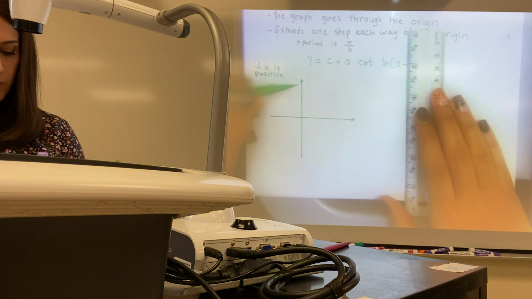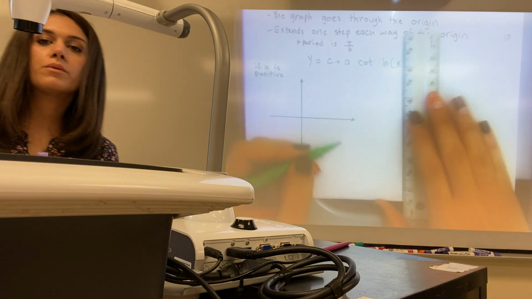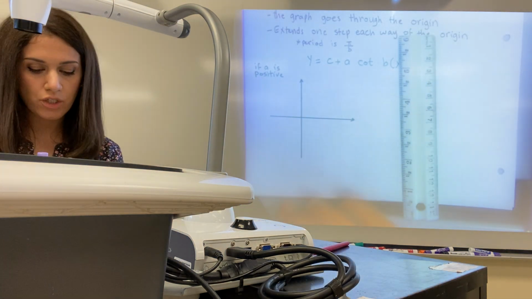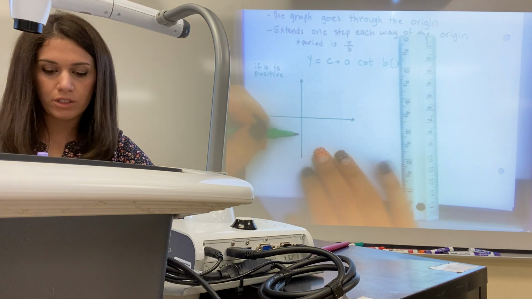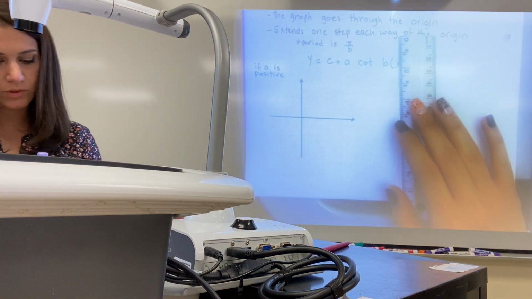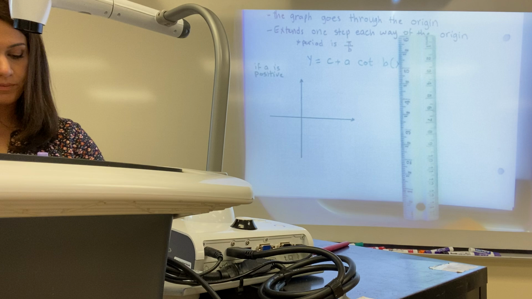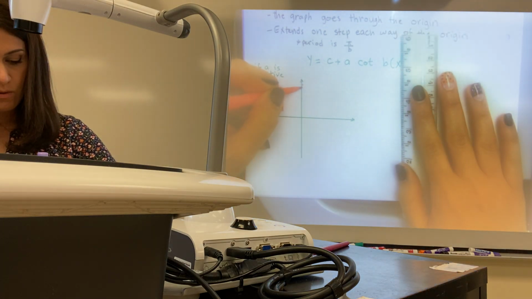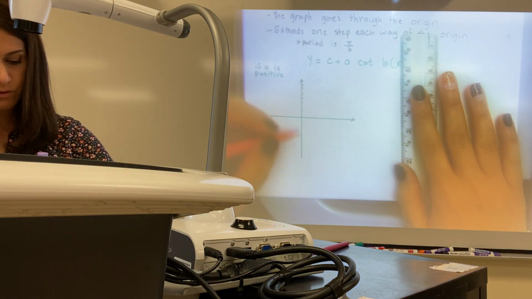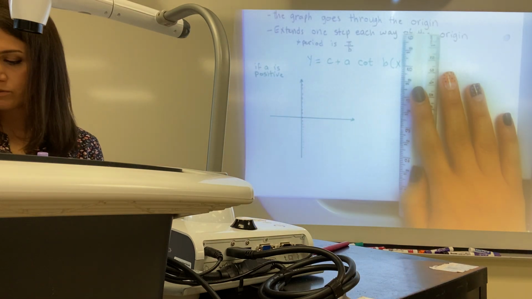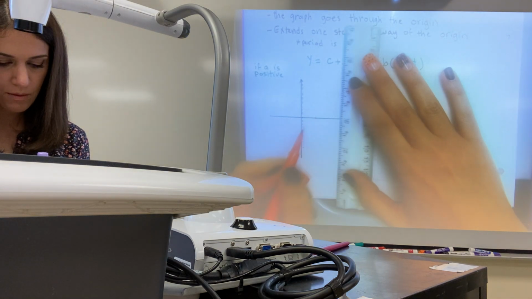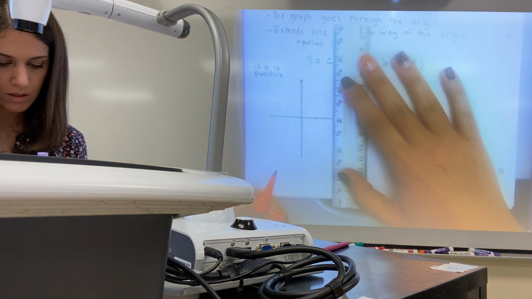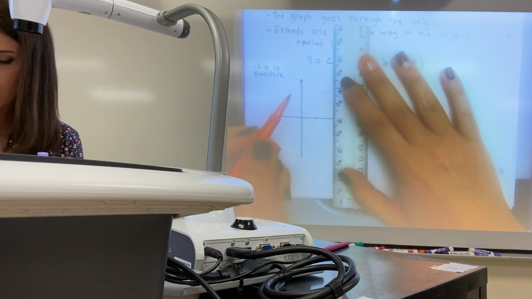When you take values for x with the cotangent, like how we did with the tangent, you will see that the y-axis is the vertical asymptote. So the cotangent will never touch it. And here we have one step, and another step here.